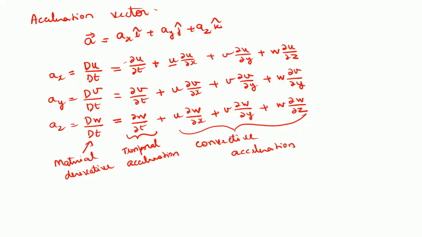The gradient of u is carried by u, and the gradient of u along the x direction is carried by v. This is very, very important in a lot of places, especially in heat transfer or mass transfer. And this forms the basis of fluid mechanics. If you understand acceleration, you will understand fluid mechanics later on.